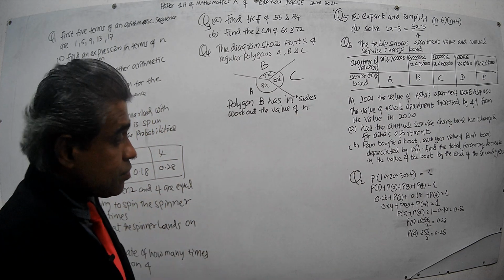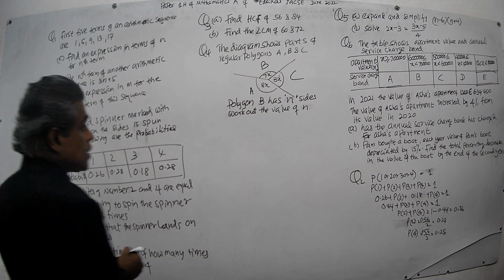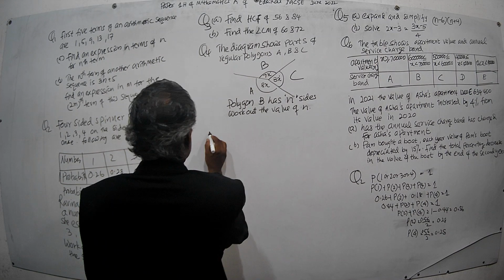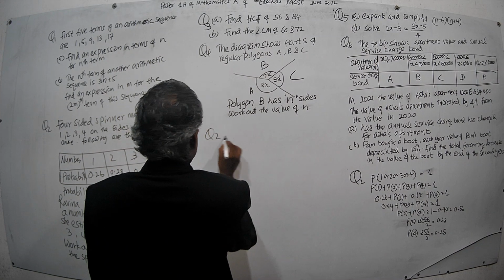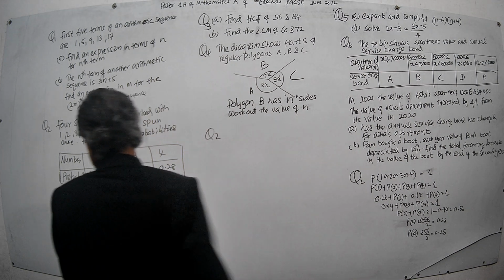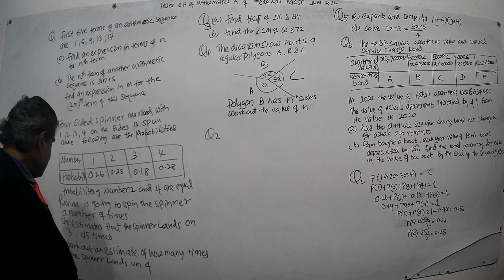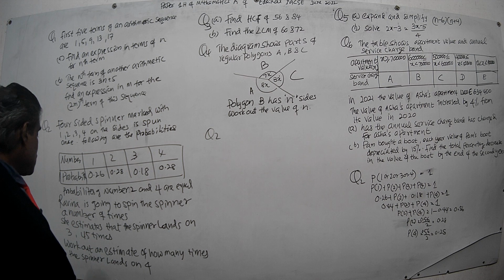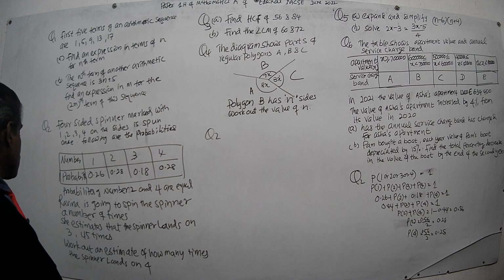Now Q2, they asked the other part of Q2. Then right here, they say what? She estimates that the spinner lands on 3, 45 times.